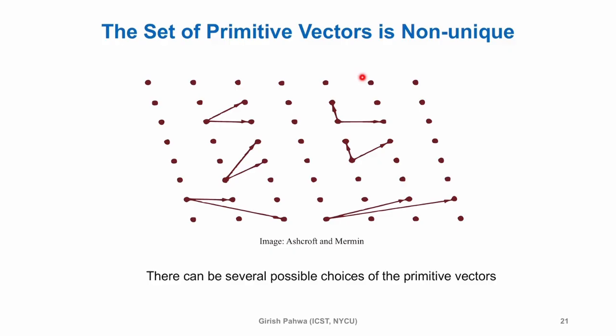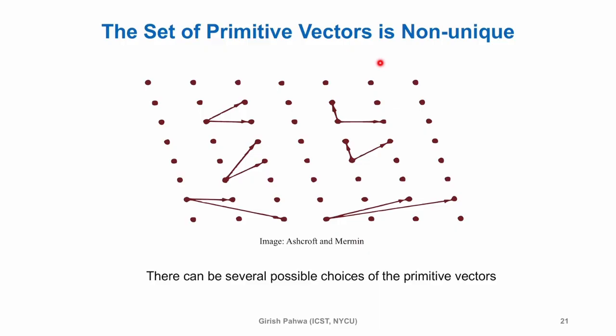And you can generate any point in the space in the form of these unit vectors. Yes, so primitive vectors are the same. The only difference is that you are not talking about any point in the space. You are only talking about the lattice points. Okay, so you must be able to generate the lattice points. Now the set of these primitive vectors is a non-unique set. So it could be that there are several possible primitive vectors for the same lattice.